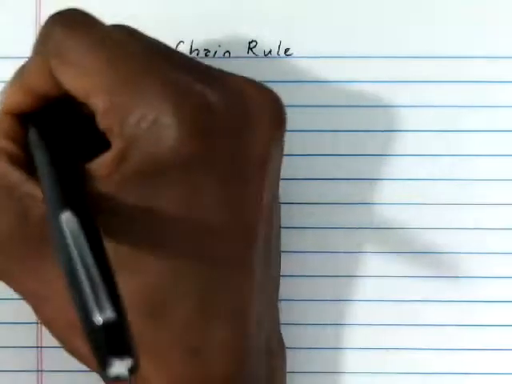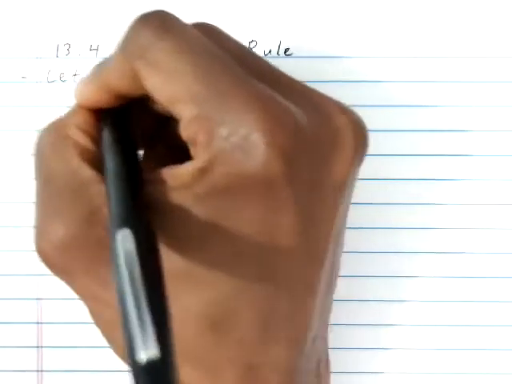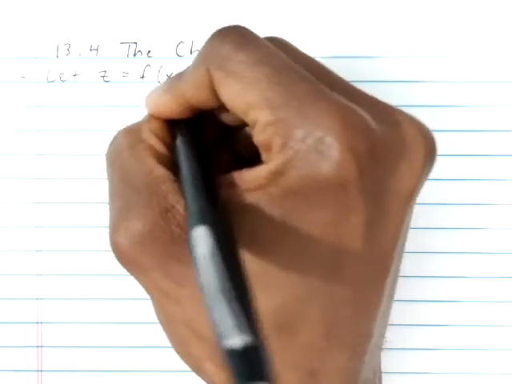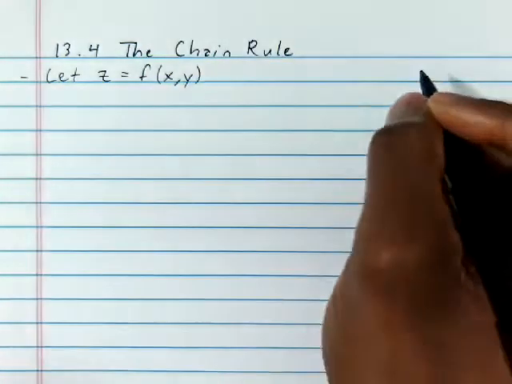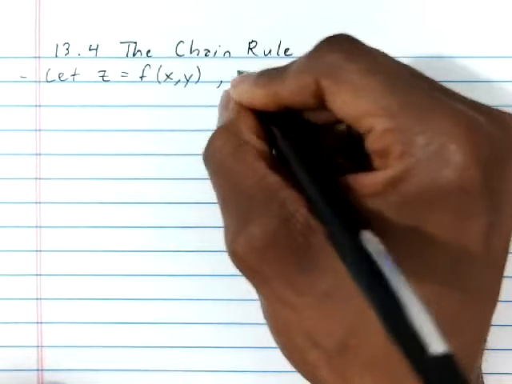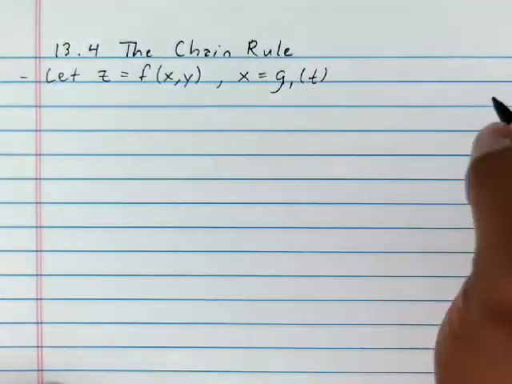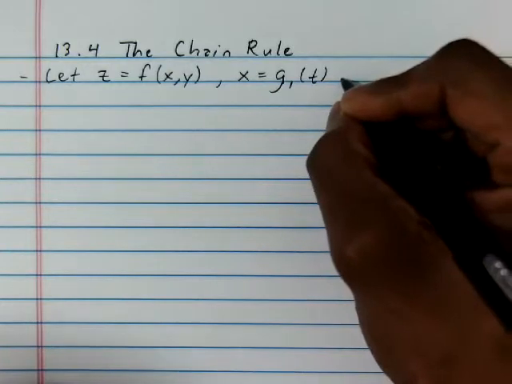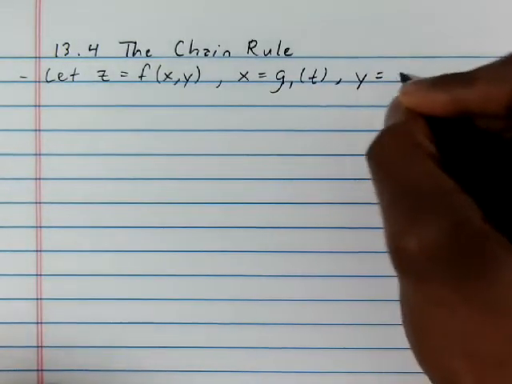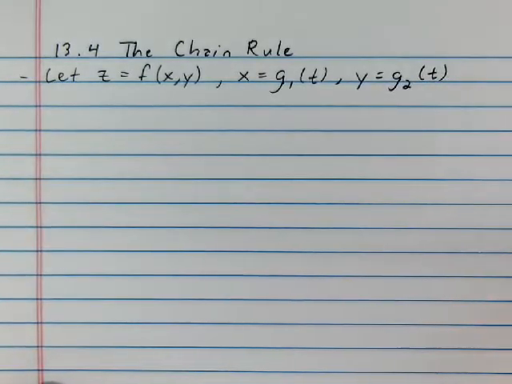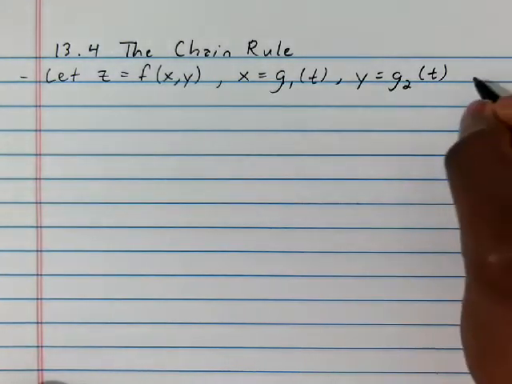Alright, so let z be equal to f of x, y, so a function of x and y, and then x be equal to g sub 1 of t, and y be equal to g sub 2 of t. So x and y are themselves functions of t.